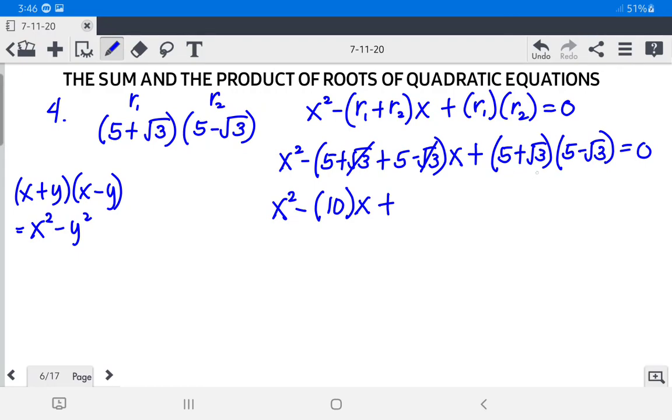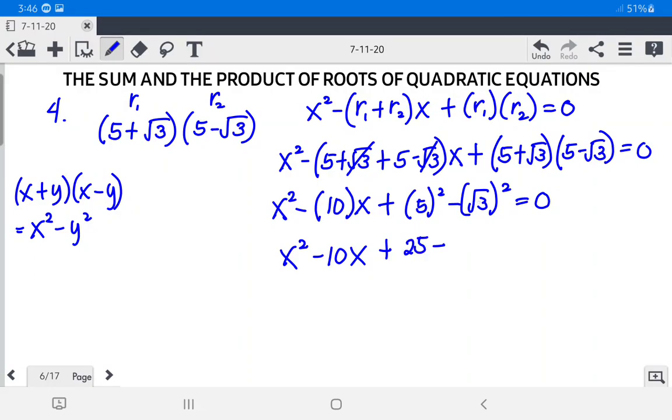So we have 5 squared, then minus square root of 3 squared, right? Then equals 0. So we have x squared minus 10x, then plus 5 squared is 25, then minus square root of 3 squared, we have 3, then equals 0.